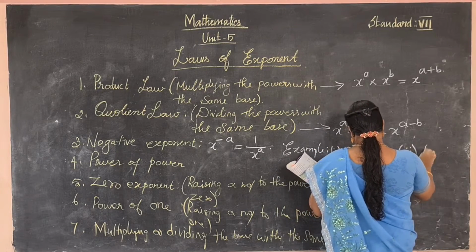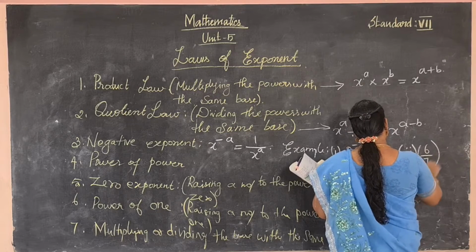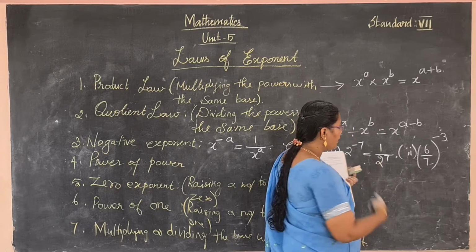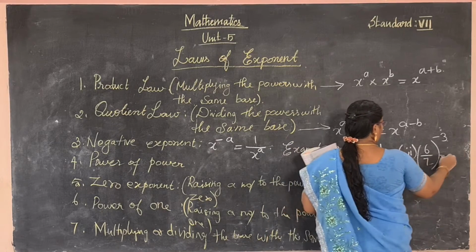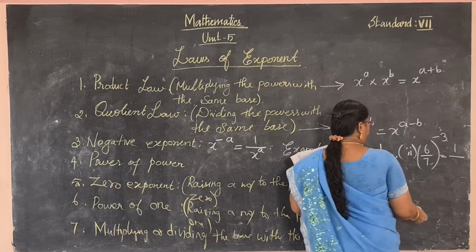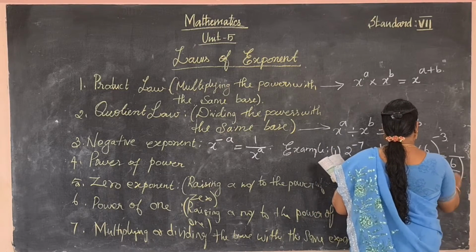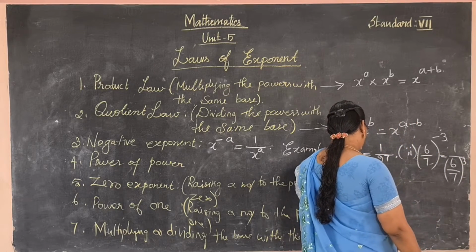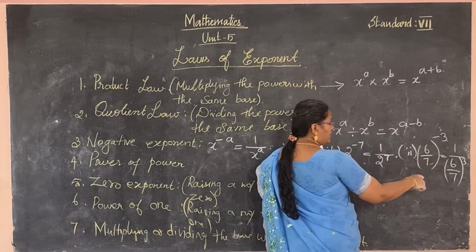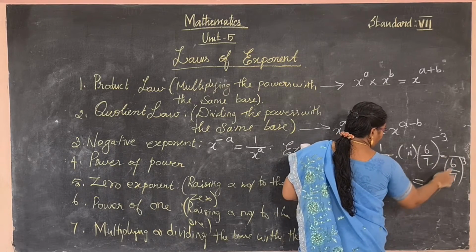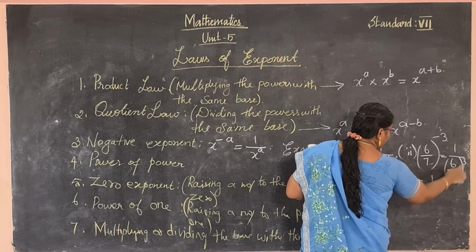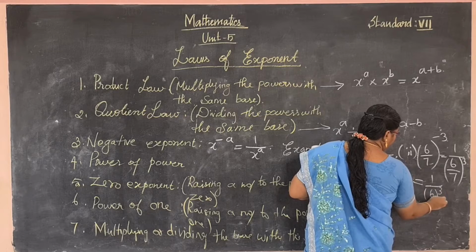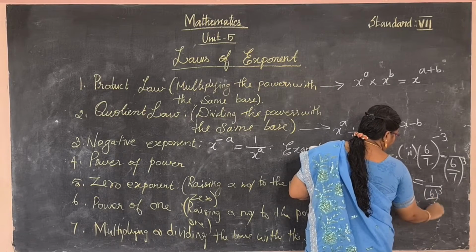6 by 7 the power of minus 3. First, how can you write it with the negative exponent? So 1 by 6 by 7 the whole power 3. What is the meaning of 6 by 7 the whole power 3? It is 6 power of 3 by 7 power of 3.